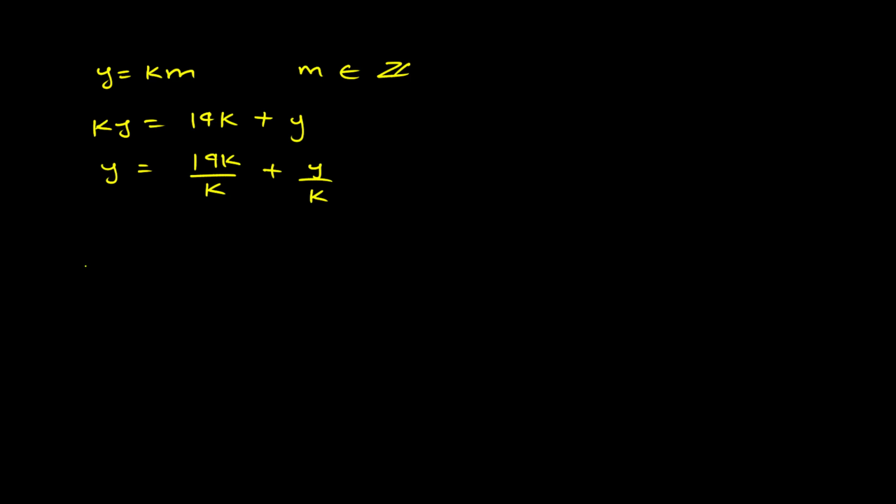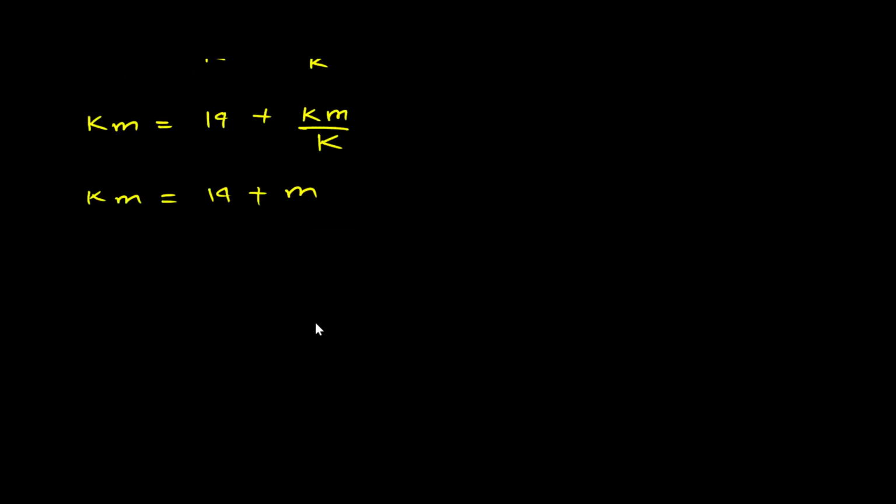So we could now do a direct substitution, and say that km is equal to 19. Now this is just direct substitution. The k's would cancel here, plus km over k, and the k's would also cancel here. So we would be left with km is equal to 19 plus m.